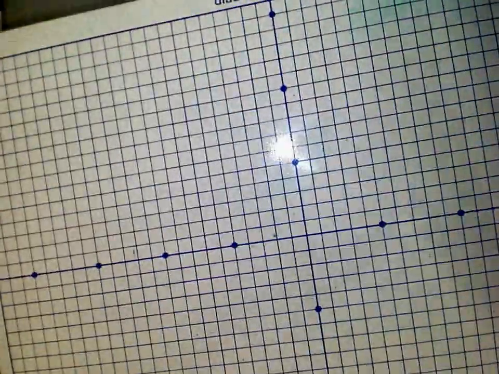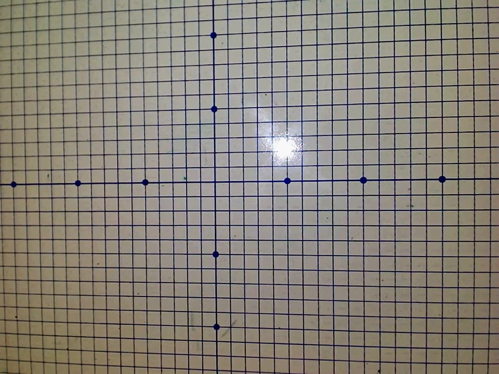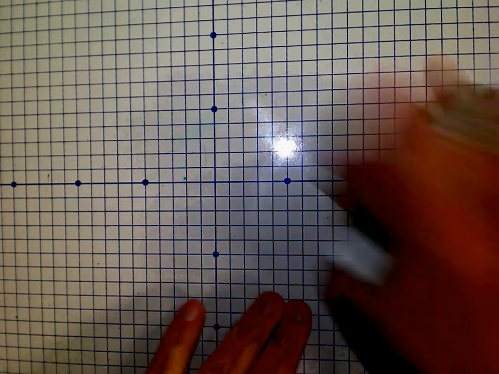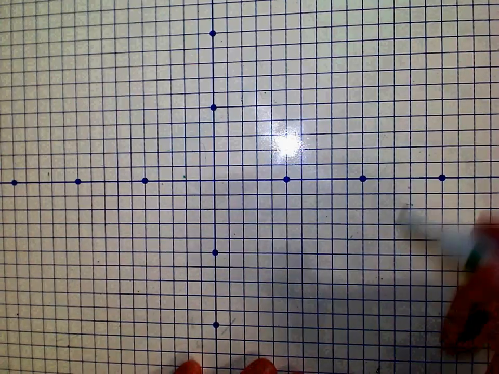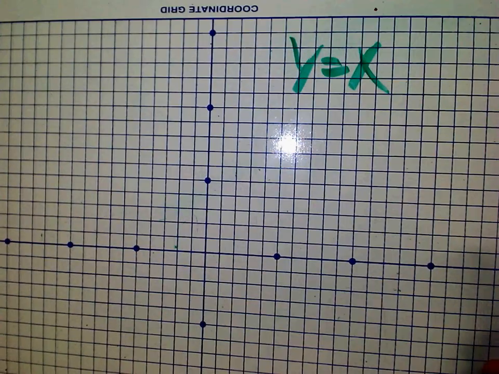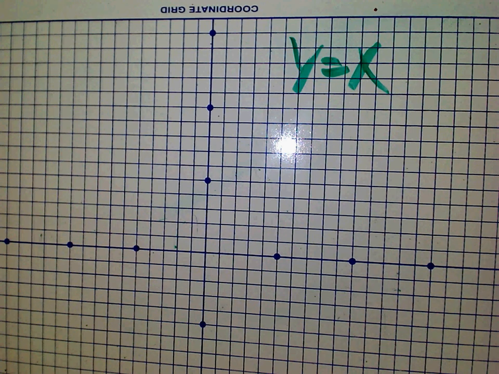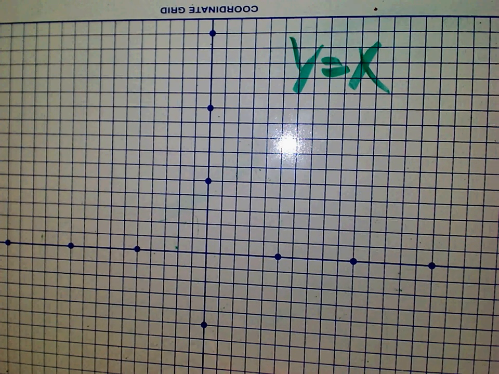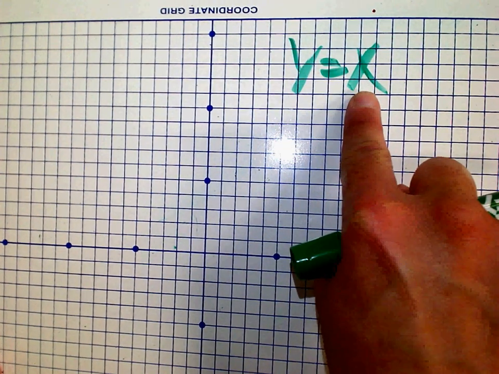All right, so let's take this graph right here, for example. In Algebra 1, you guys spent a lot of time with y equals x. Somebody tell me, what does the line y equals x look like? How would you describe it? This is the equation y equals x.